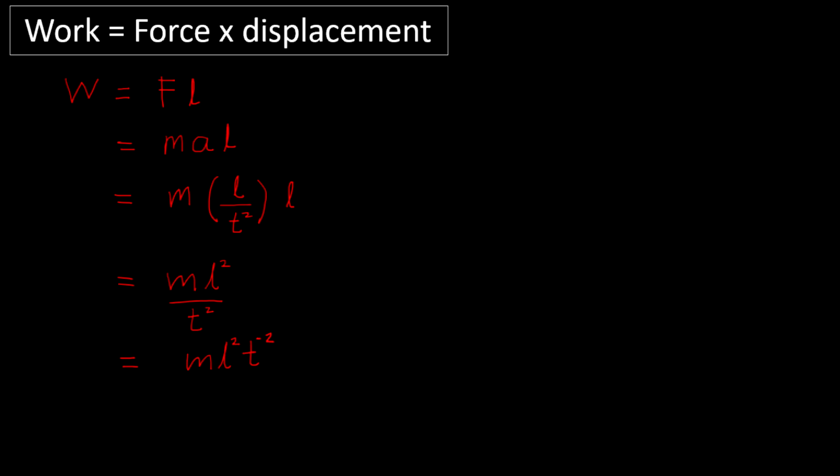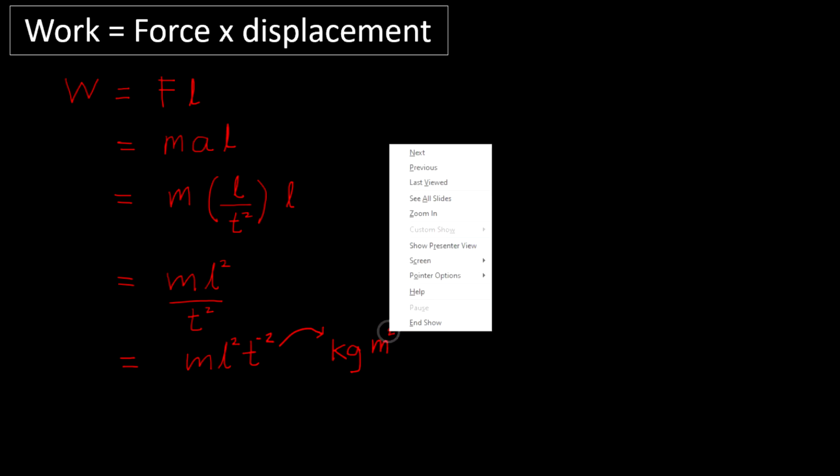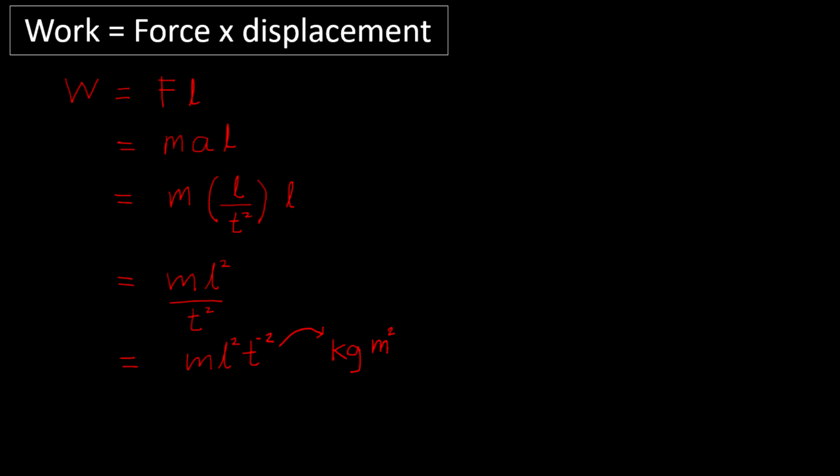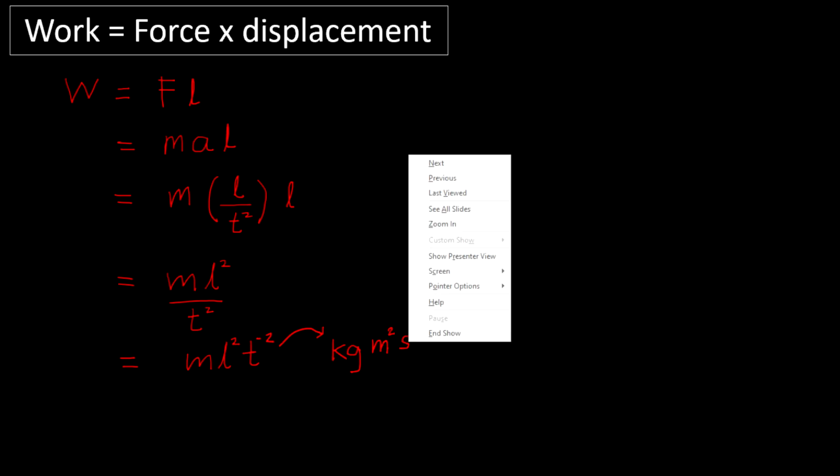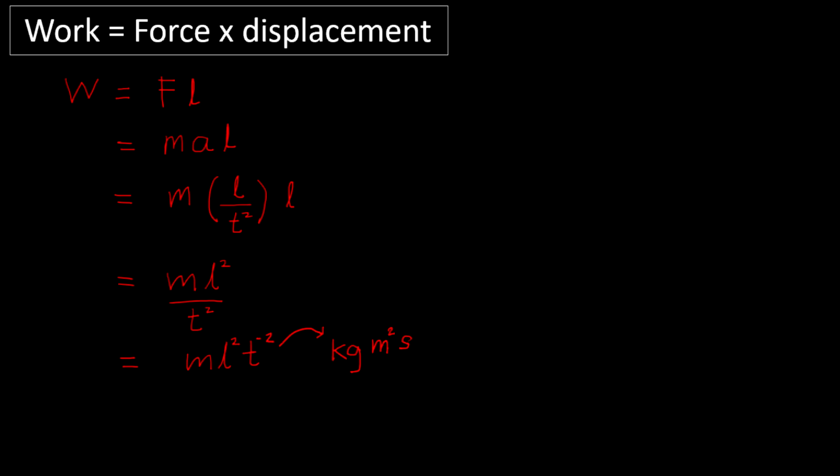And then we can write the SI unit. So mass is kilogram, and then L will be meter, length. Put square on top. And then we have T. T is time, second. So put -2. Just copy that -2. Alright, so this is unit for work.